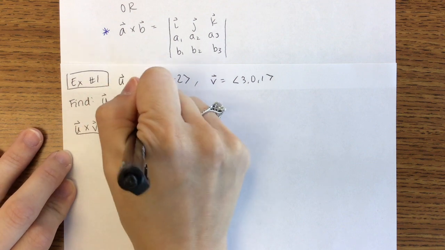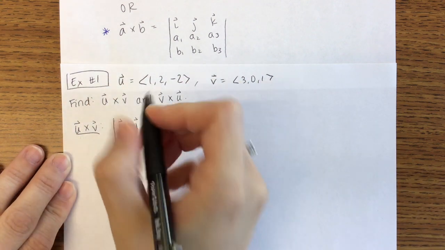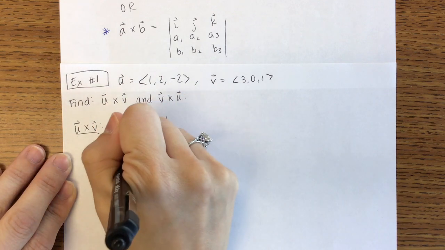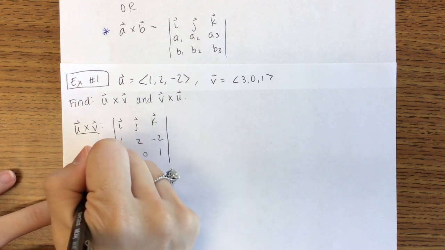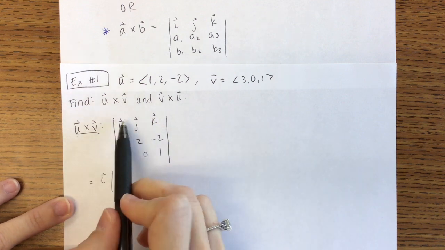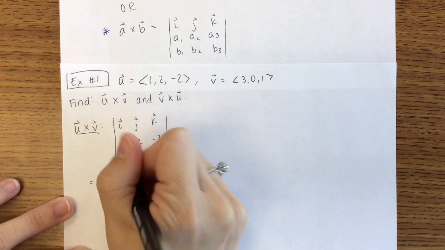So first row is going to be IJK. Second row is going to be the elements of U, so the 1, 2, -2, and then the elements of V, so 3, 0, 1. Okay, so if I look at I first, I'm going to ignore the row and the column that I come in and look at the corresponding matrix, or the one that's left.